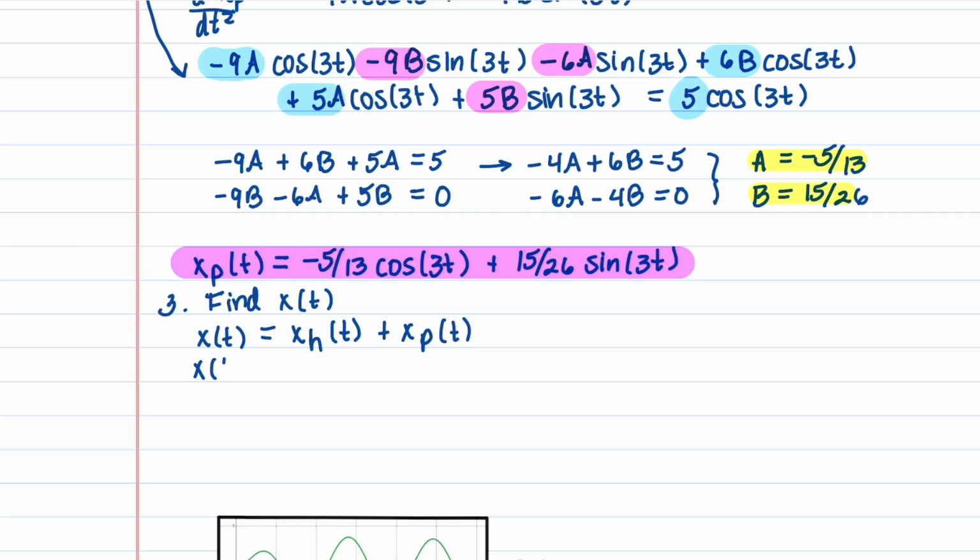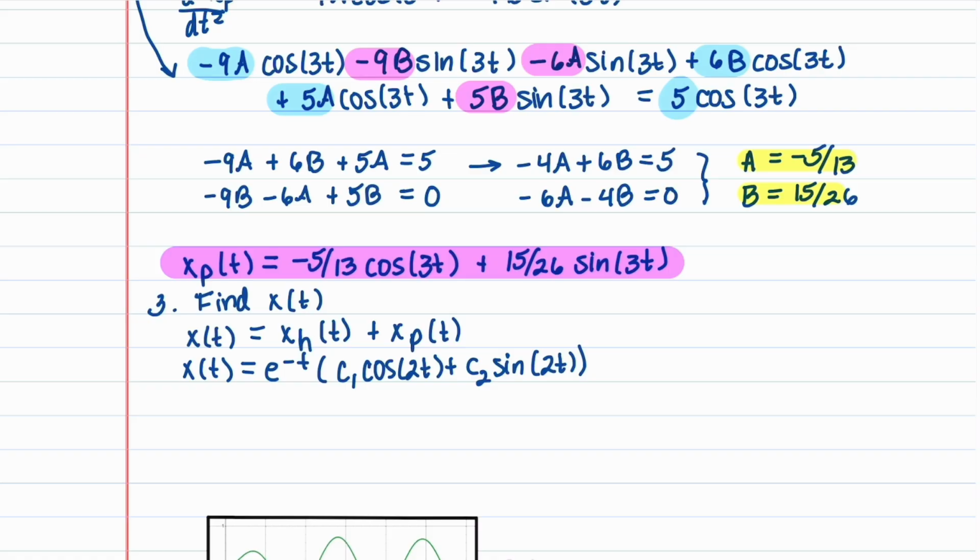So we can say that x of t is equal to e to the minus t times c1 cosine 2t plus c2 sine 2t. And we're going to add the particular solution onto that, and that is minus 5 over 13 cosine 3t plus 15 over 26 sine 3t.